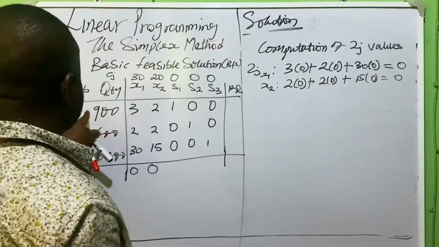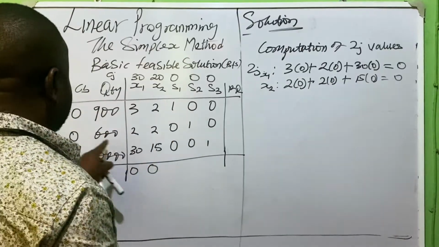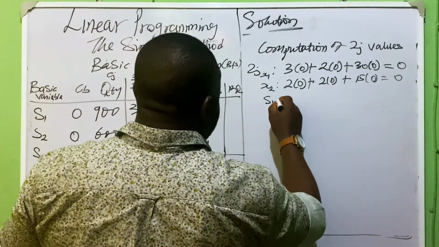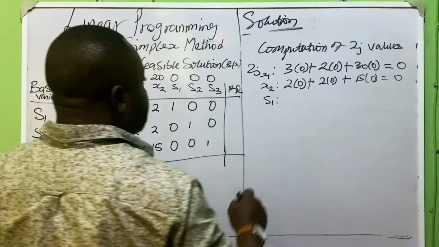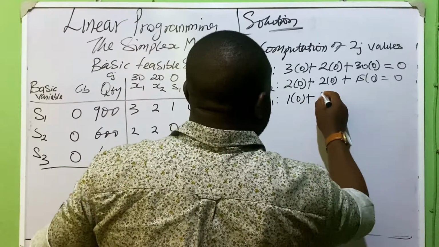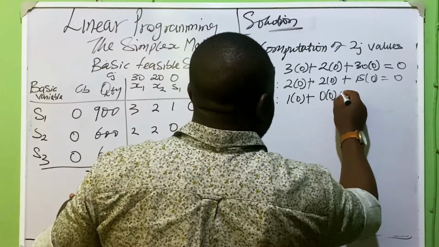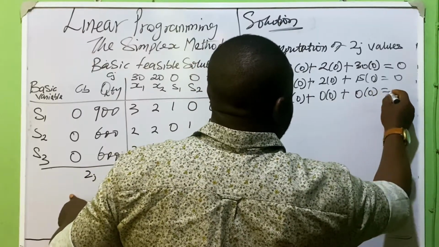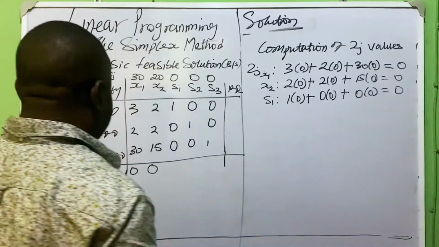For s1, we have 1 by 0 plus 0 by 0 plus 0 by 0. Of course, we'll have a 0.